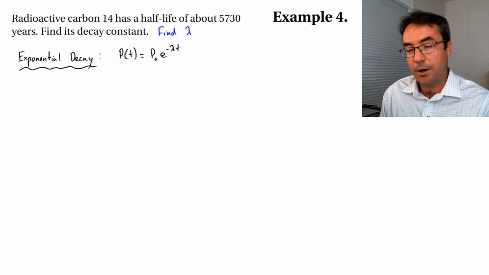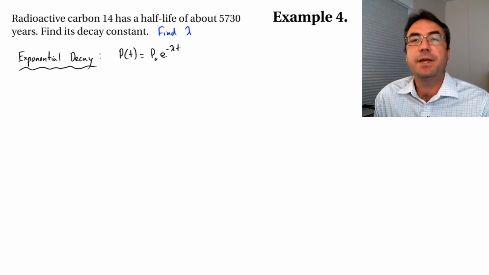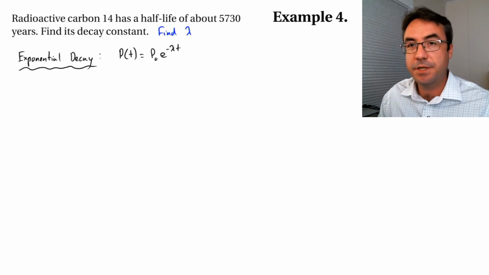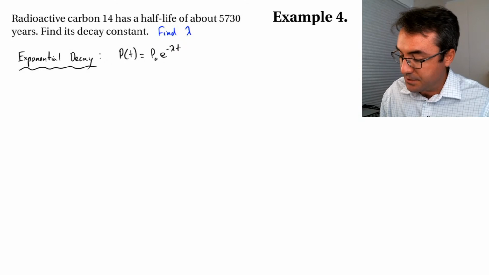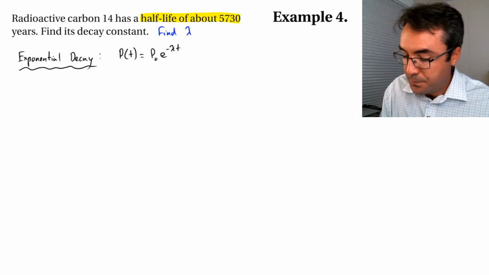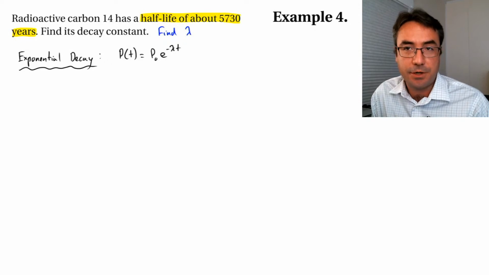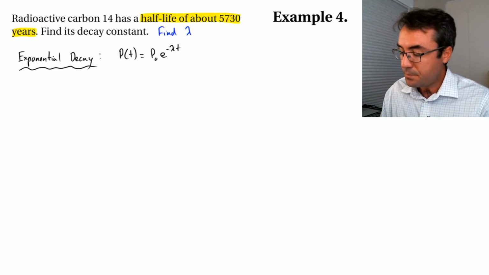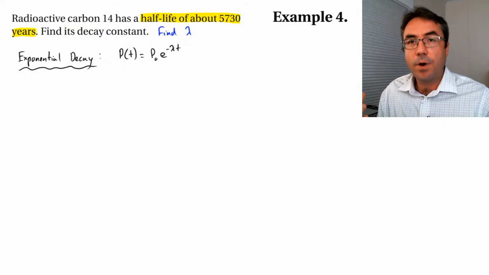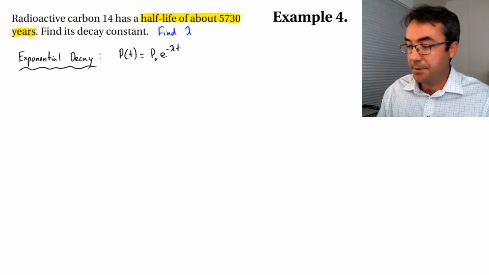All right, so what do we know? We have a little bit of information here about radioactive carbon-14. We know what its half-life is. So its half-life is 5,730 years. So let's write that out. What does that actually mean?